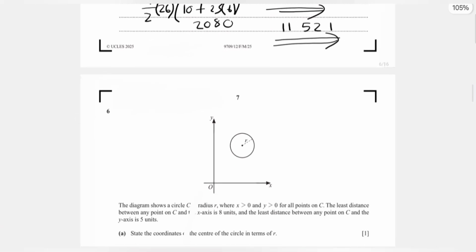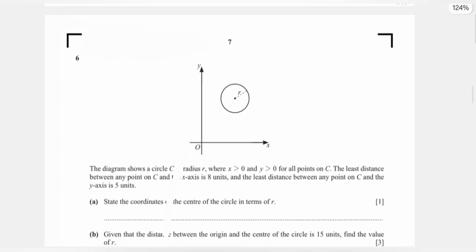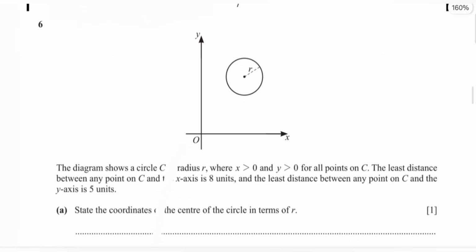And for the sixth question, it's saying the diagram shows a circle C of radius r where x is greater than 0 and y is greater than 0 for all points on C. So for all the points on the circle, x is greater than 0 and y is also greater than 0.